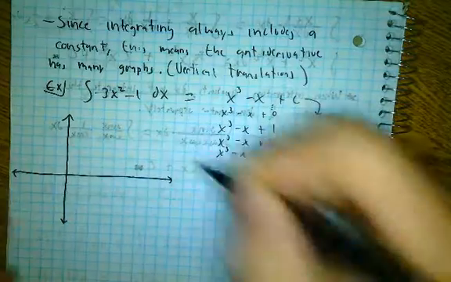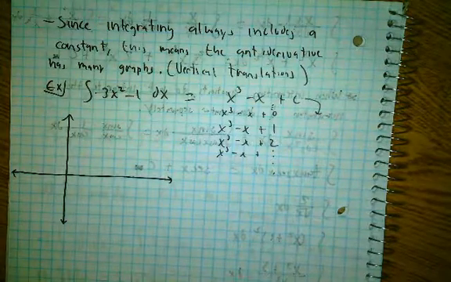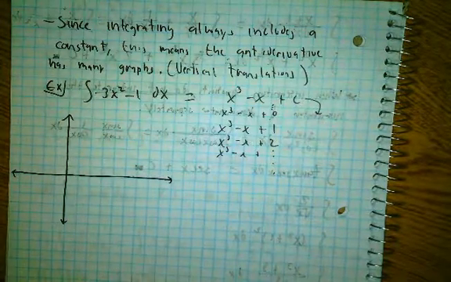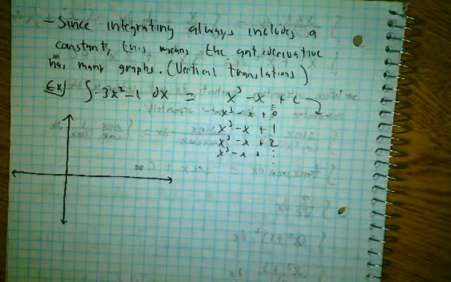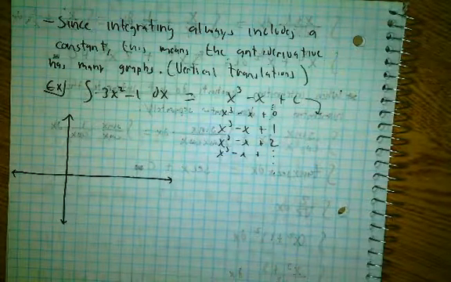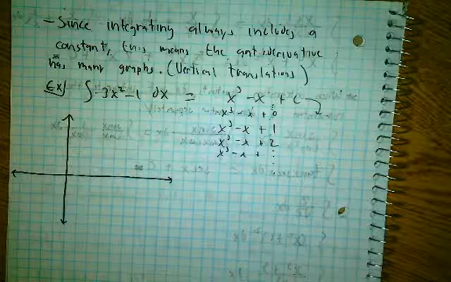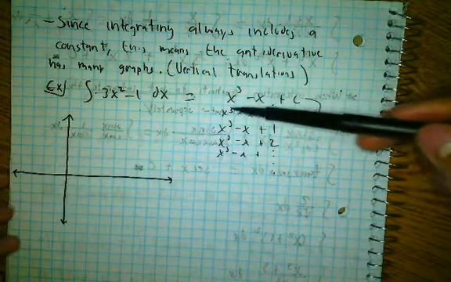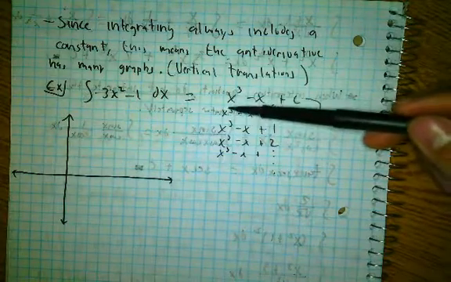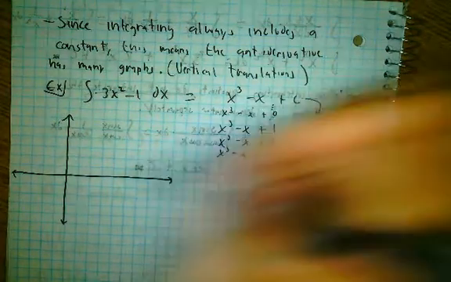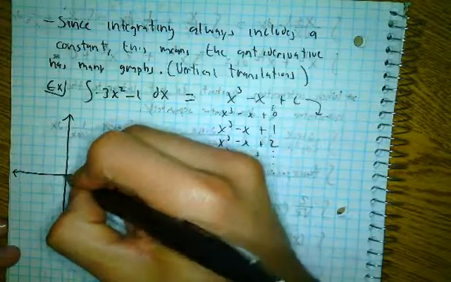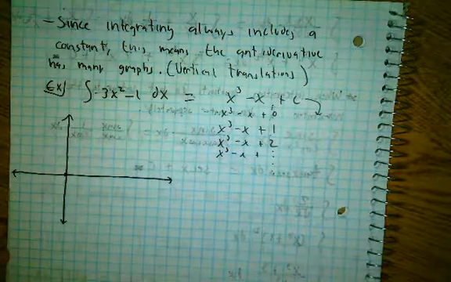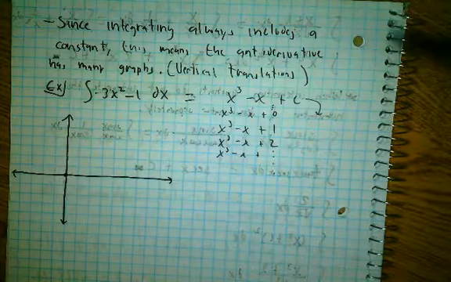Agreed? I don't know, let's plug in the value of 1. 1 to the third is 1, minus 1 is 0, plus 0, okay, so 0. If I plug in negative 1, negative 1 to the third is negative 1, minus a negative 1, that's plus, so that's another 0. Interesting.